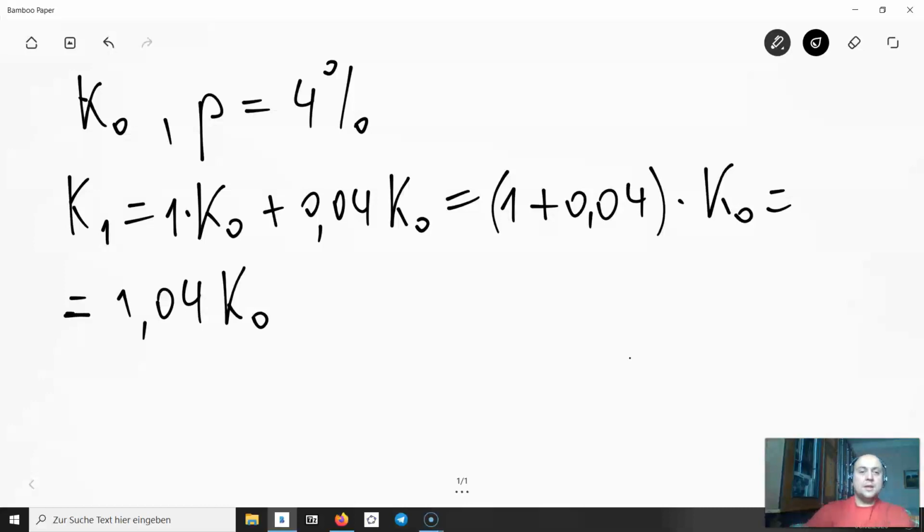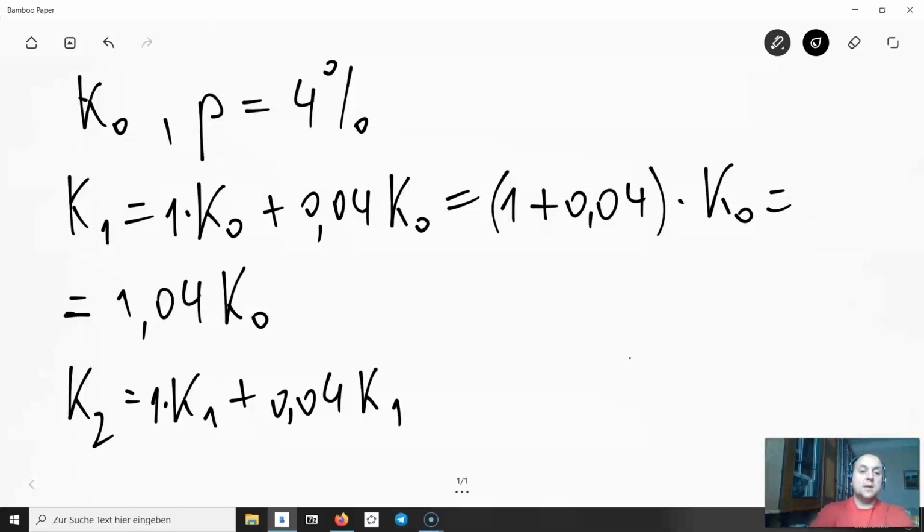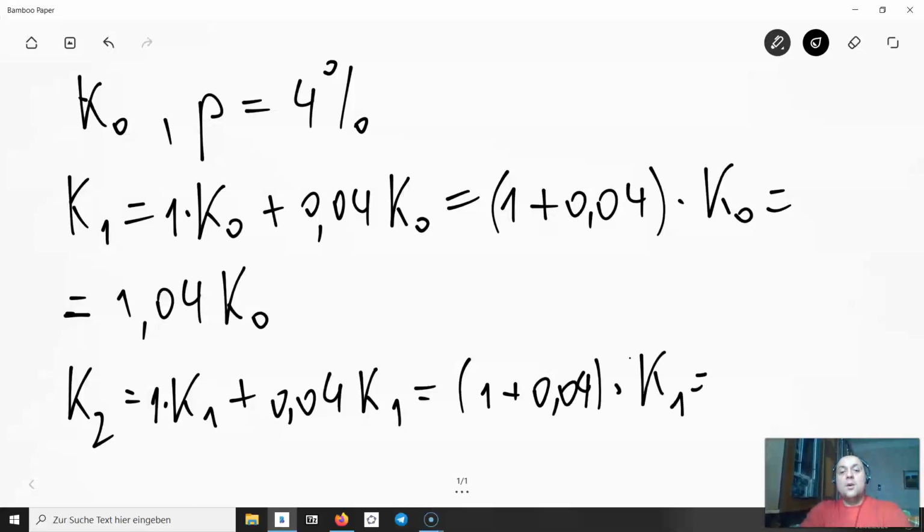What will happen with K2? Well, assuming we're not changing the interest rate, K2 is K1 plus 4% of K1, and we basically have 1 times K1 again. So once again we take K1 out of the parentheses, and we have 1 plus 0.04 times K1, so this is 1.04 K1.